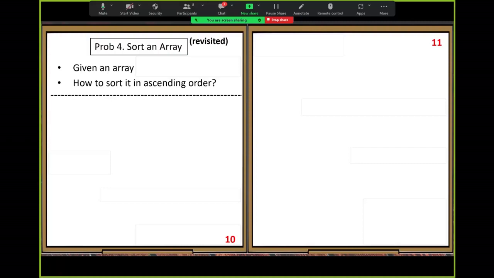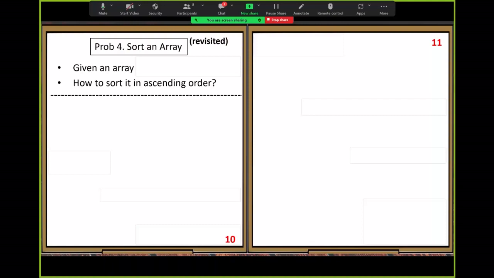So let's solve the sorting problem again. Our previous solution is selection sort. This time we want to find a different solution for the same problem. How do we do that?